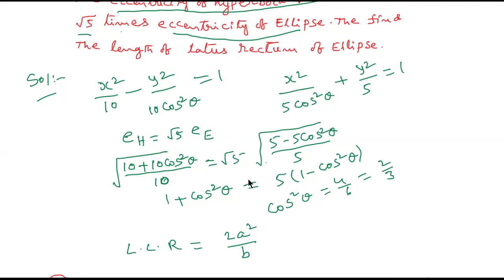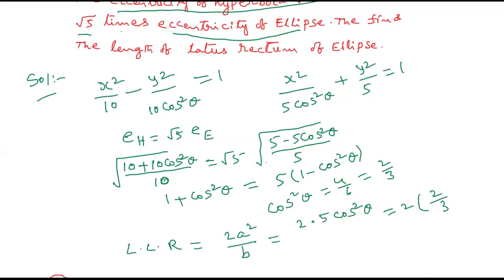Now, 2 into a square means, what is that? 5 cos square theta divided by 5. 5 cancel. 2 into cos square theta value. Here b means root 5, cannot be cancelled.